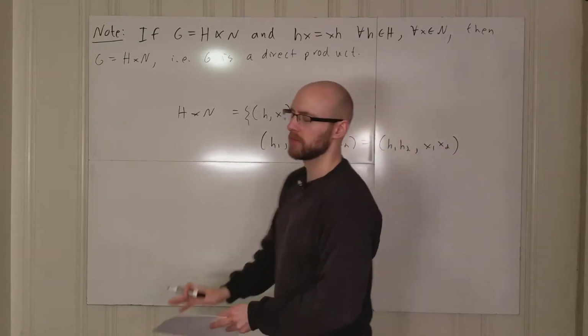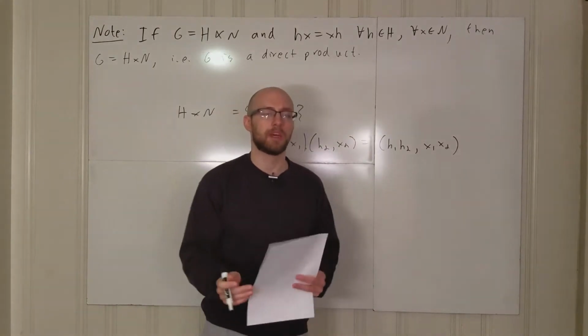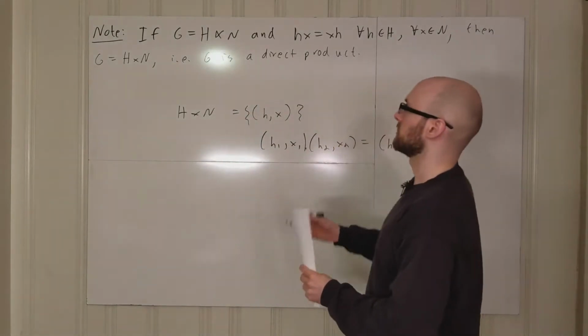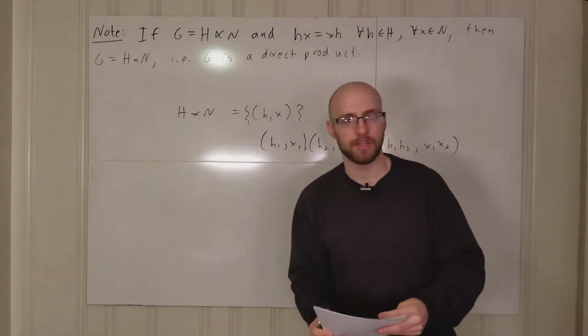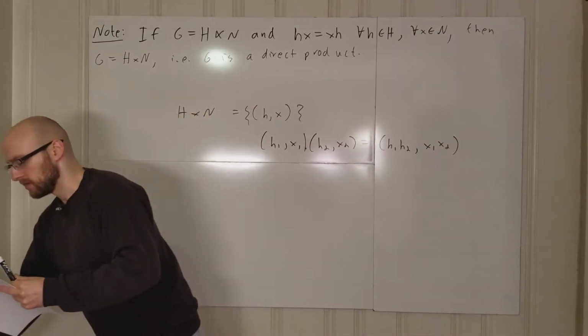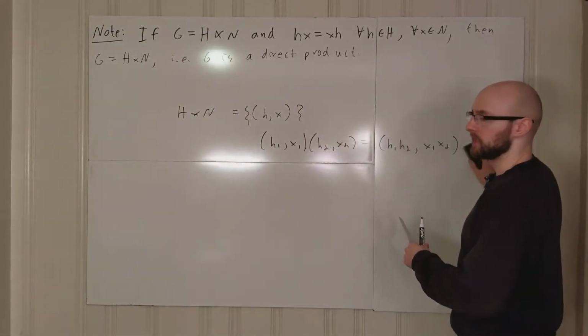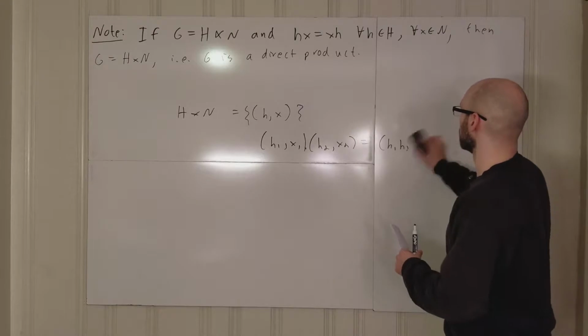So really, for direct products, you're just taking two groups and sticking them together, whereas with semi-direct products, there's a much more complicated definition behind that. But as we'll see, there are some results about a semi-direct product that make it a natural thing to consider.